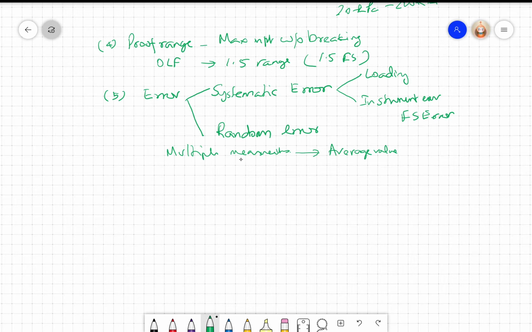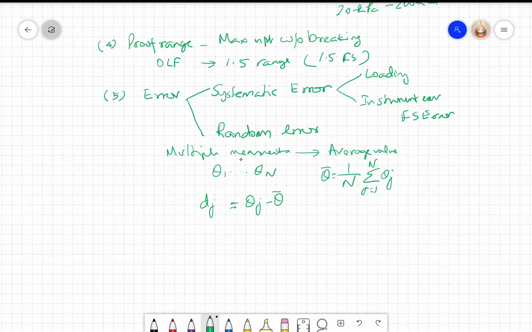So if I have made measurements theta 1 to theta n, then the average value is 1 by n sigma j equal to 1 to n theta j, right? Then once I get the average value, I can calculate the deviation of each value as theta j minus theta bar. So this is theta bar, the average value, right?